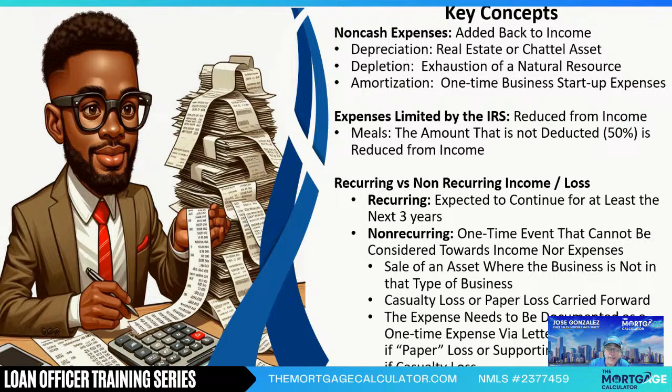Now, the one that could be a little trickier is when you're trying to get that loss removed and added back. Two of the most common areas of this would be a casualty loss, right?